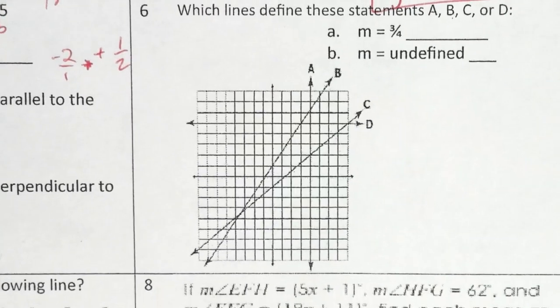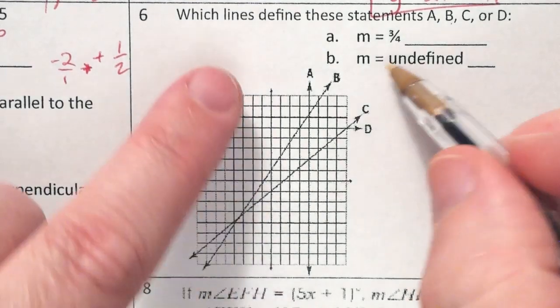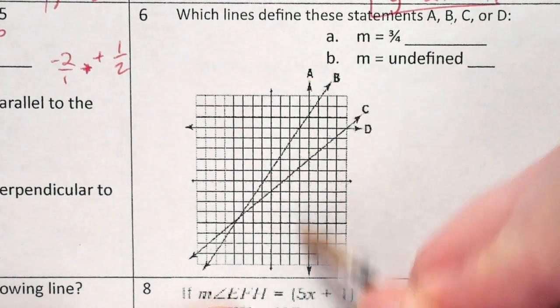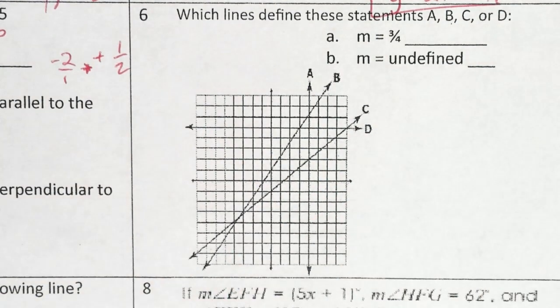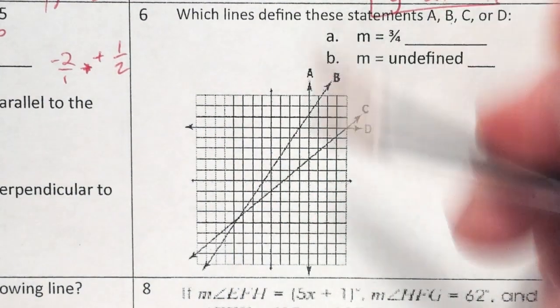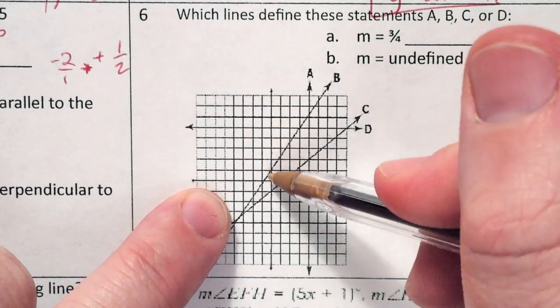All right, so for number 6, this is A, this is B, this is C, and this is D. To see this a little better, I'm just going to mark the intersection here.